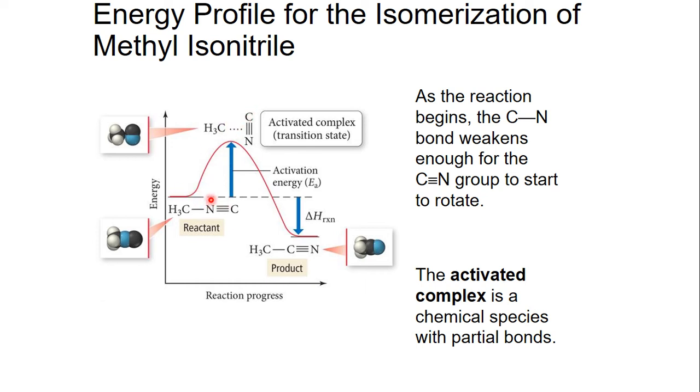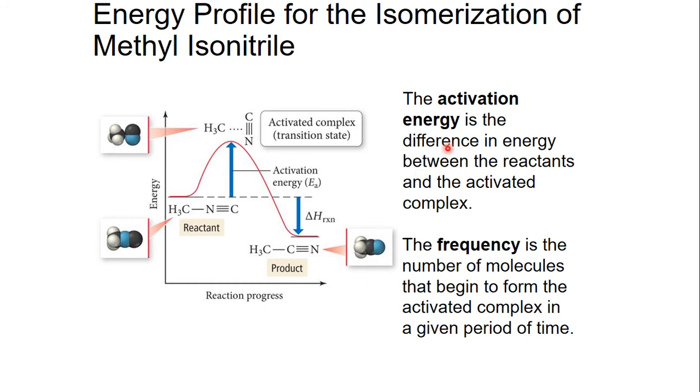And to make that happen, we have to put in energy, which is our activation energy. Then our new product is lower in energy than our reactant, and the energy difference between our reactant and our product, that's the change in enthalpy, or delta H, for our reaction. Again, our products are lower in energy than our reactants, so this is an exothermic reaction. Right? So activation energy is the difference between the top of this hill and the reactant.